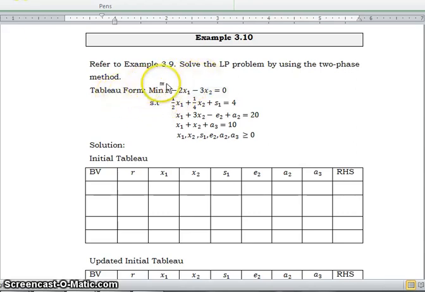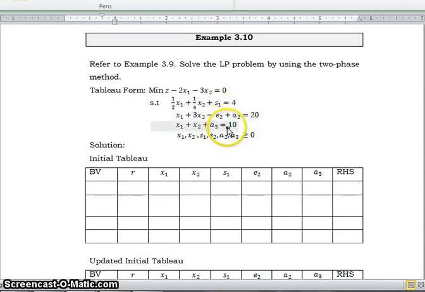This is the tableau form of the model. We have artificial variables in row 2 and row 3. Instead of using the Big M method, we can use the two-phase method to solve the problem.